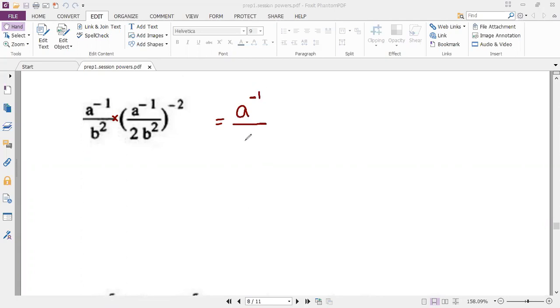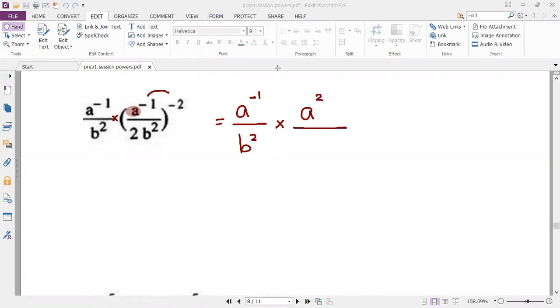Over b to the power of 2 as it, multiplied by here we have a, and this a is raised to two powers, -1 and -2. So multiply them. That is going to be a to the power of -1 multiplied by -2 equals 2, over.